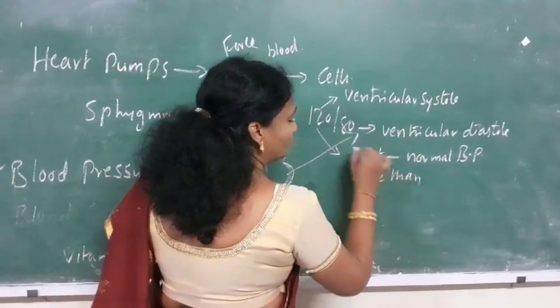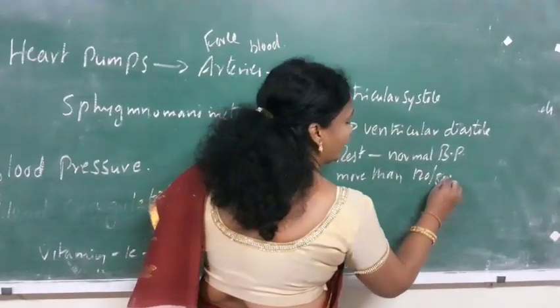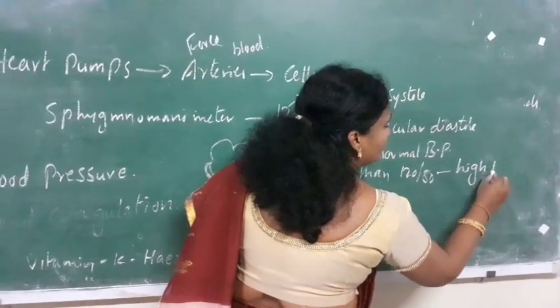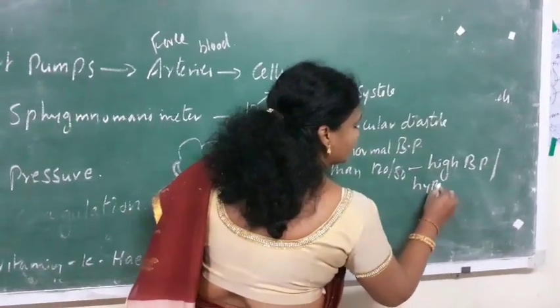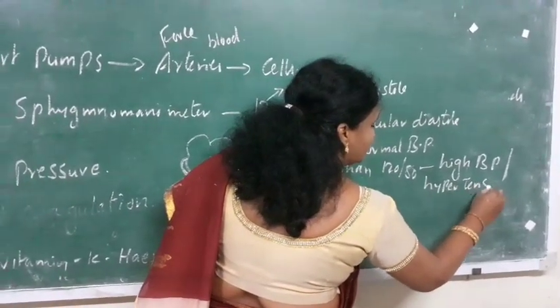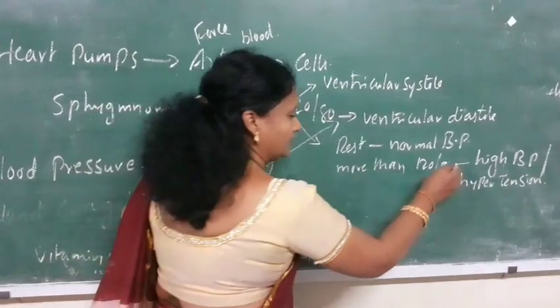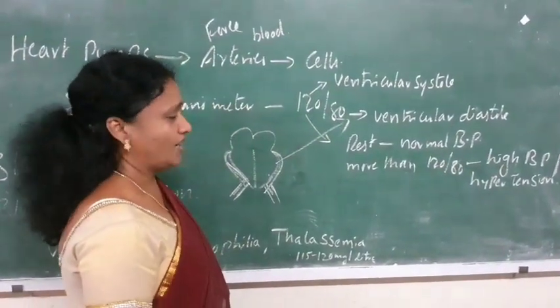If BP is more than 120 by 80 at rest, then we call it high BP, or hypertension.